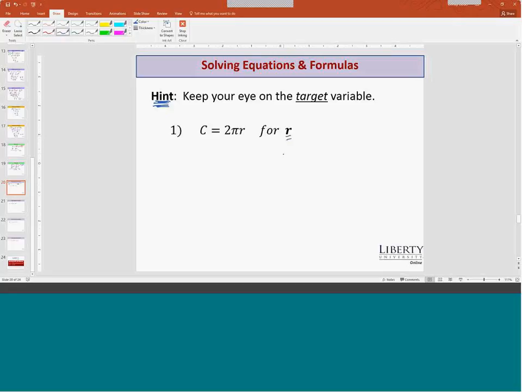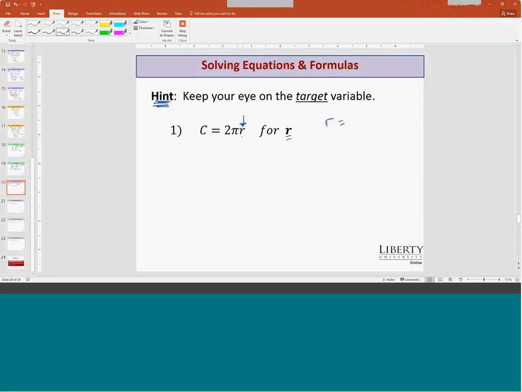We're asked to solve for the radius here. So we need to keep our eye on this target variable and undo, the same way we've been doing, what's being done to the target variable. In other words, we need to solve for r. Let's look at what's happening to r.